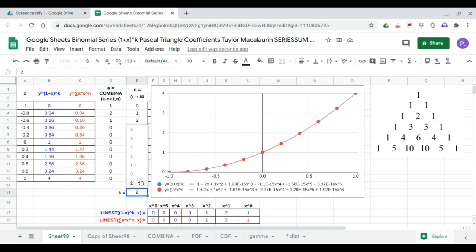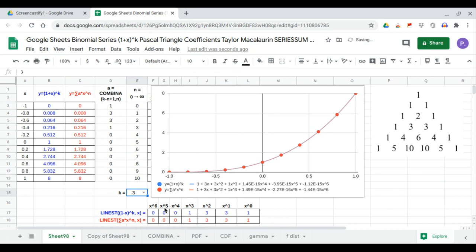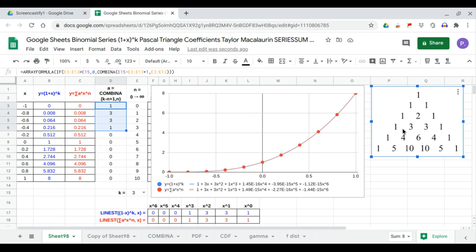At k equals 3, our polynomial is 1 plus 3x plus 3x squared plus x cubed. All these are 0. Our regression coefficients match our expansion coefficients and this Pascal triangle 1, 3, 3, 1.